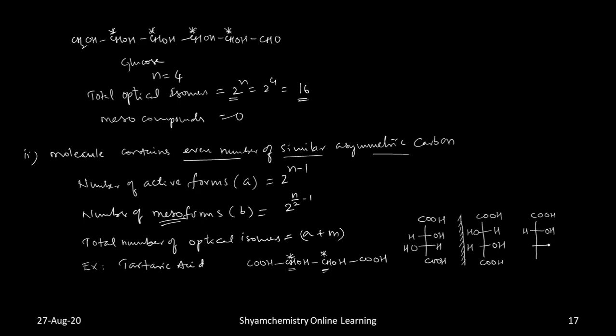Okay. Now the other configuration, COOH, H OH, H OH, COOH. Look at this configuration of tartaric acid. It has a sigma plane here. It is optically inactive, therefore no mirror image.